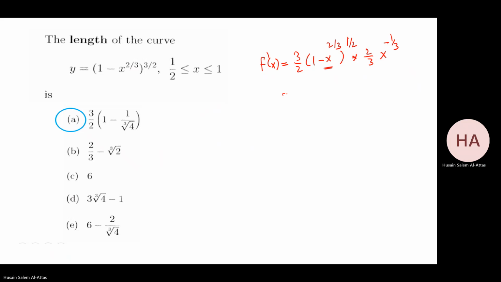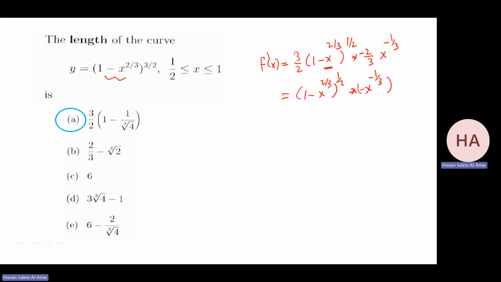So that is 1 minus x to the power 2 over 3 to the power half times x to the power minus 1 over 3. Okay, that will be f prime. Don't forget there is a minus sign. Minus 2 over 3 x to the power minus half. So there is a minus sign here somewhere.